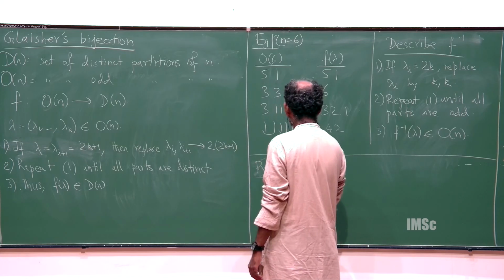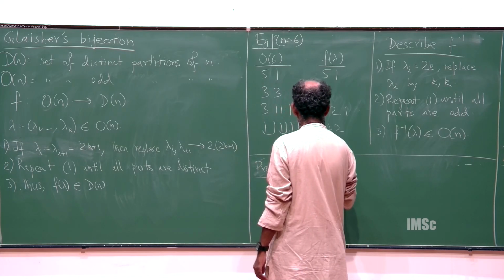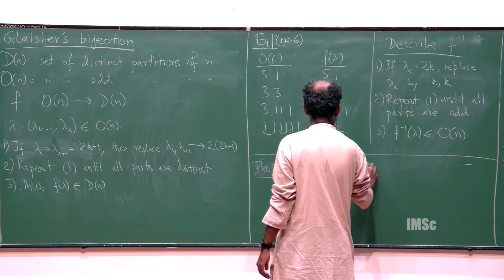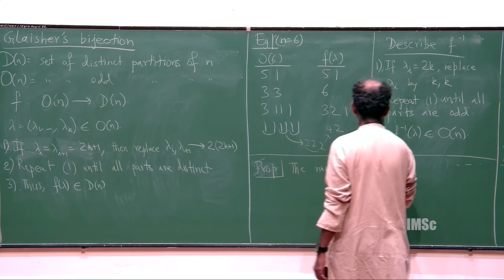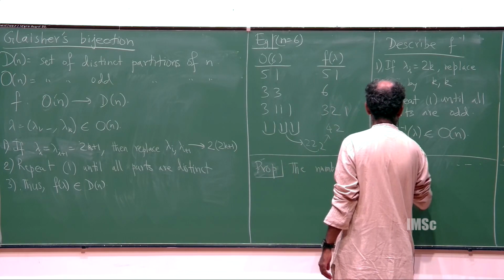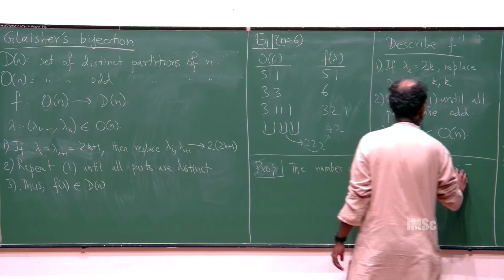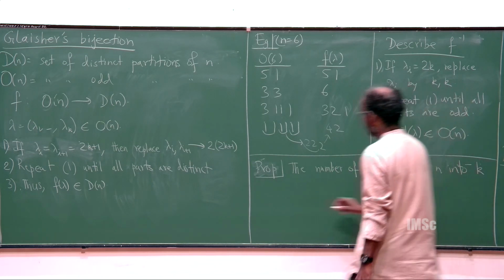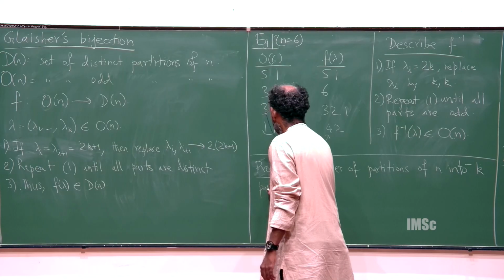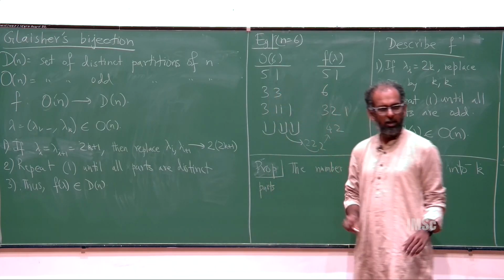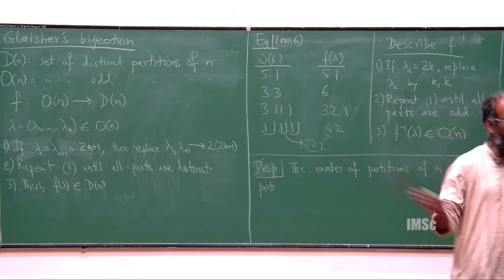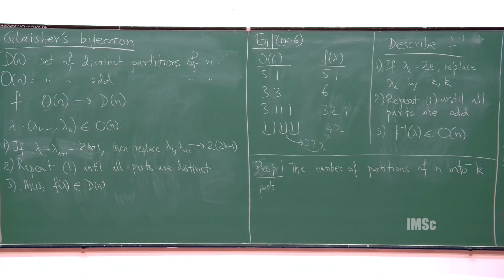So the number of partitions of n into k parts, I take all possible partitions, not odd or distinct. You can forget about odd and distinct for now.